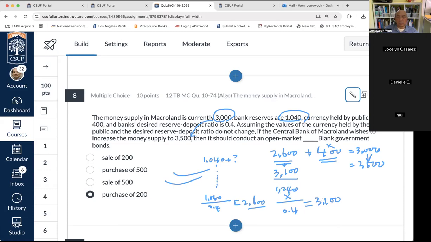We can solve for it: you multiply by this number and it becomes 1,240. So 1,040 becomes 1,240. So that's increasing 200, right?